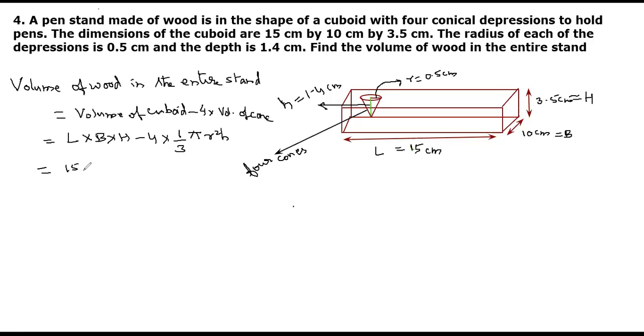So 15 into 10 into 3.5, minus 4 by 3 into pi. Here in the question the value of pi is sometimes given, otherwise we will use 22 upon 7, into the radius squared. What is the radius? 0.5.